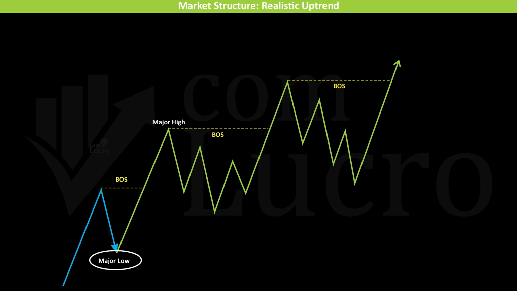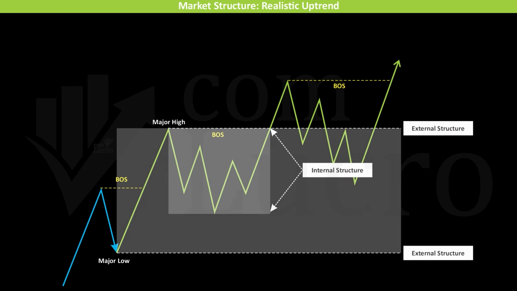Conversely, the lowest point during the bullish wave that triggered this upward movement and led to a break of structure and a new high is recognized as the major low. These 2 points are the critical external structures of the market, and any structure that develops between them is considered an internal structure. When the price surpasses the major high, marking a break of structure, BOS, it indicates a continuation of the upward trend.